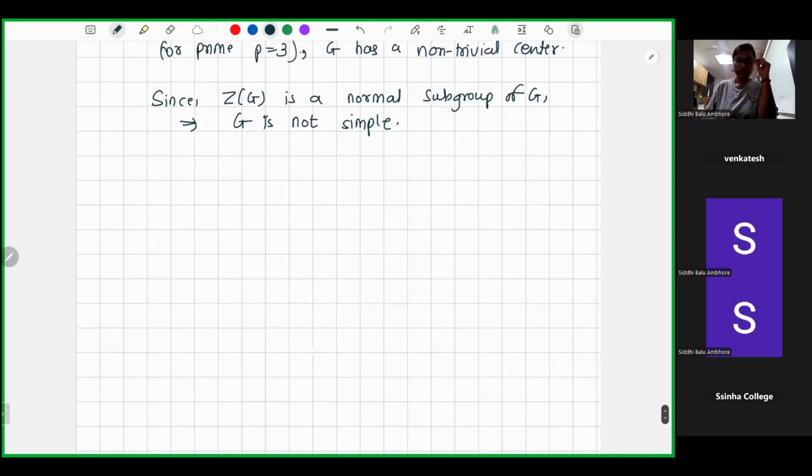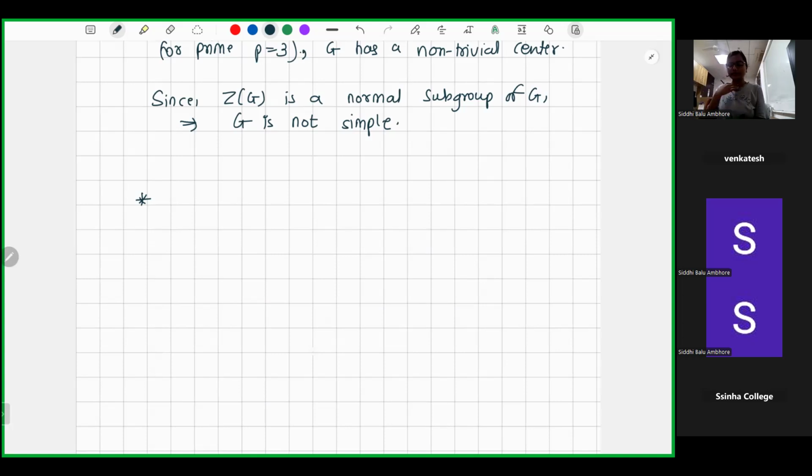Note that we saw these two results earlier. The first thing is, for every group of order p power k, we have an element of order p power r for every r strictly less than k.